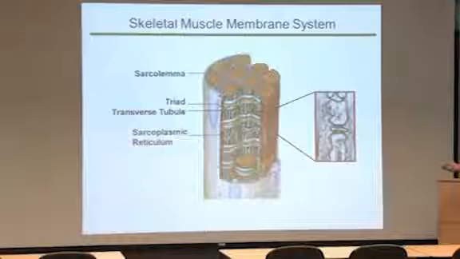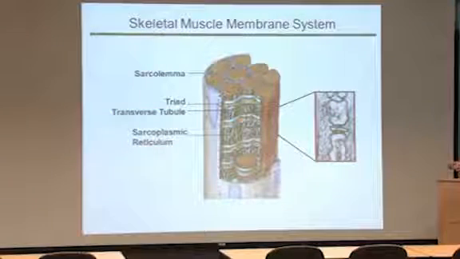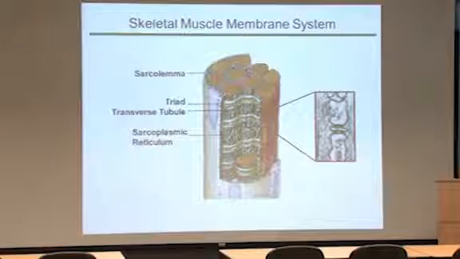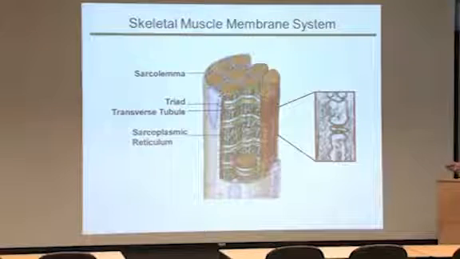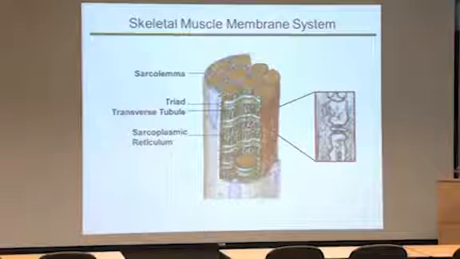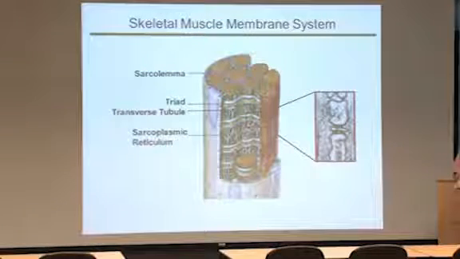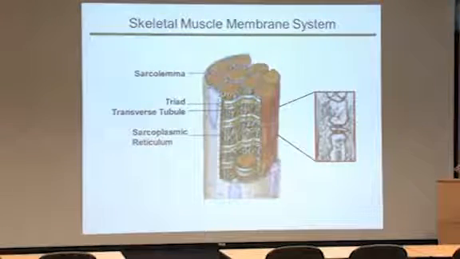As they enter the muscle fiber, the transverse tubules are abutted on each side by sarcoplasmic reticulum, this greenish gray color here. The sarcoplasmic reticulum has two different domains. This fat section is also known as the junctional sarcoplasmic reticulum or the terminal cisternae.